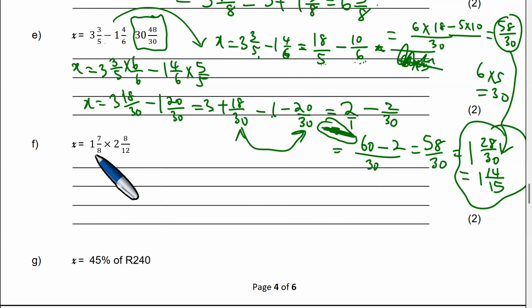Is it 7 over 8? Is it 1 and 7 over 8? What is it? Change it to an improper fraction.